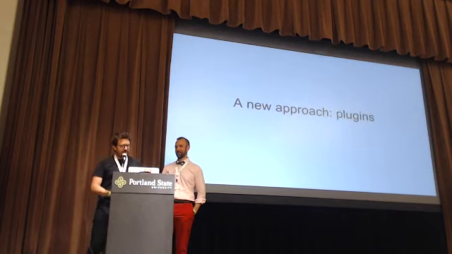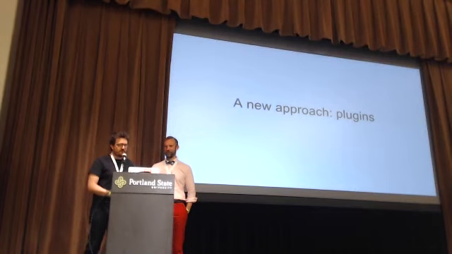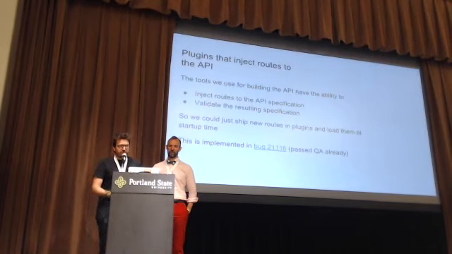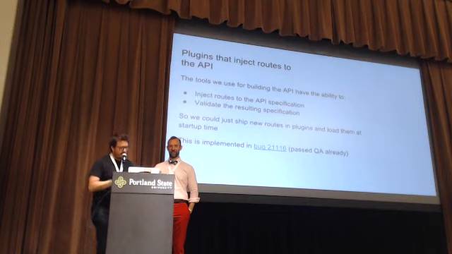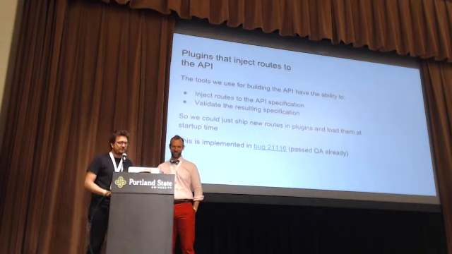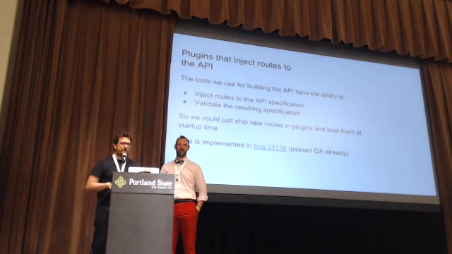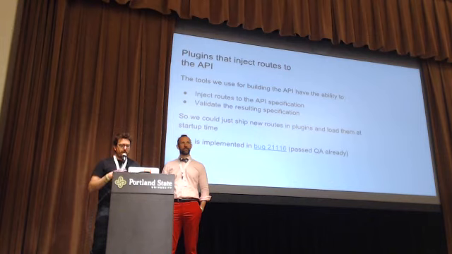So the approach I came up with is using plugins for the API. I share the same feelings about the plugins and how they are out of the community workflow, but I think we have a case. The tools we picked for implementing the API allow us to inject new routes and new specifications for the endpoints, so we can validate them at runtime.